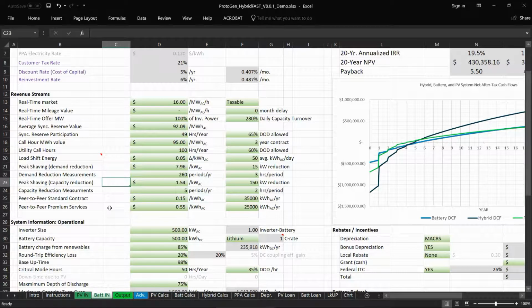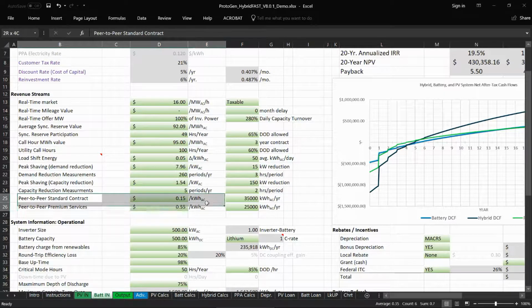These two revenue streams don't really exist yet. The legislation, metering laws, regulations and requirements aren't in place, but we know it's coming, and the only way to keep that conversation moving forward is to begin discussing what that's going to look like. What is it worth? Is there value to doing this?